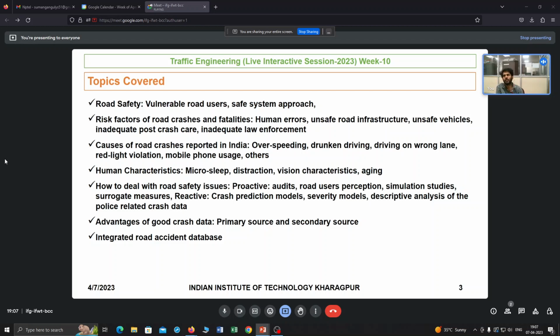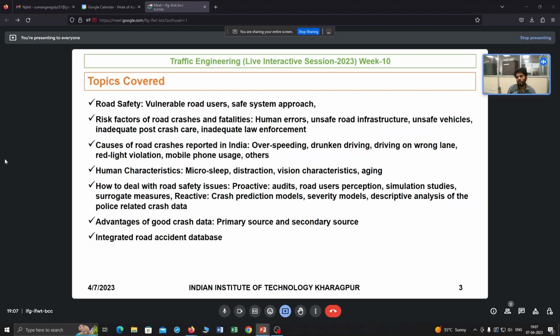Sometimes they reach the location at a later stage and ask some people where the accident occurred, and based on that they write some reason or some location. So there may be errors in the reporting itself.